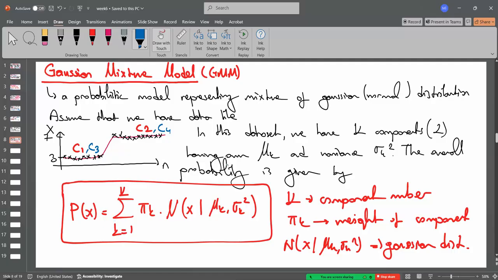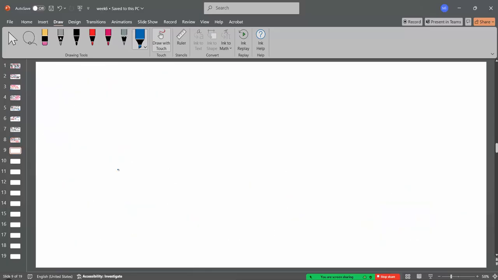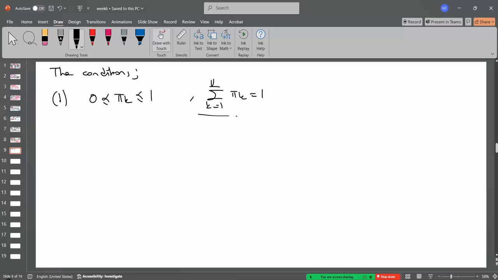So how can we write the equations of these terms? The conditions can be given by the following. First, 0 is less than or equal to pk, which is less than or equal to 1, and the sum over k from 1 to K of pk is equal to 1.